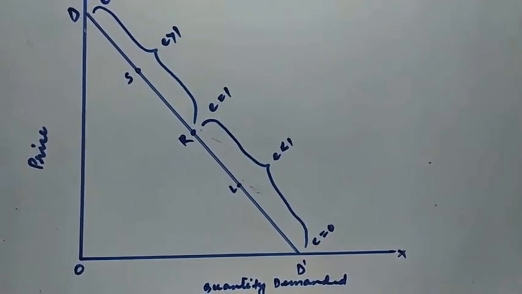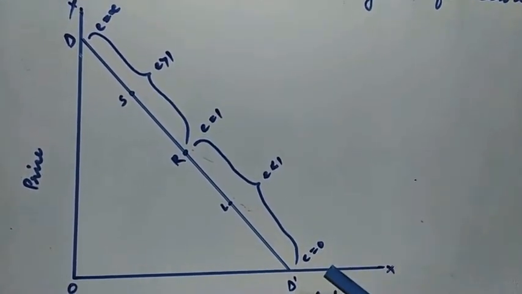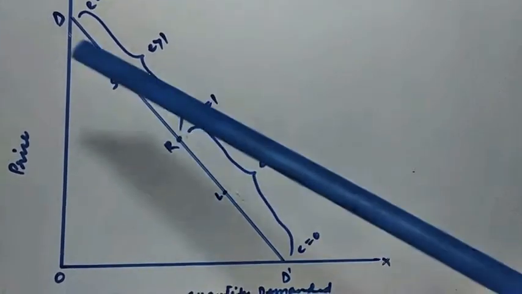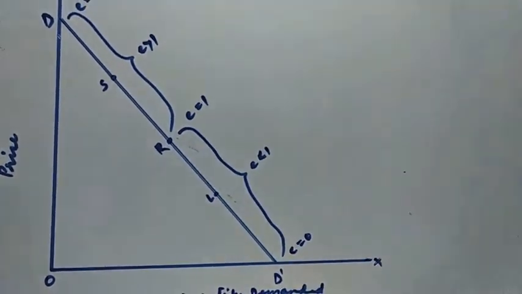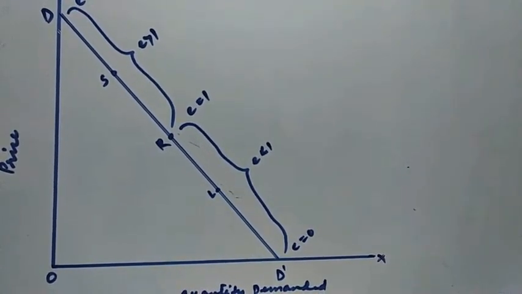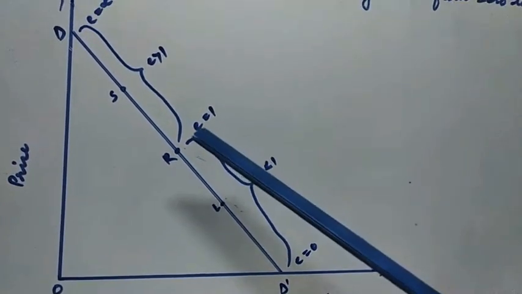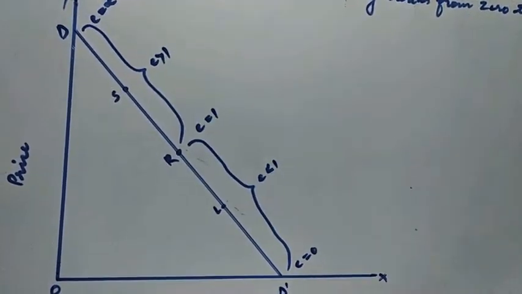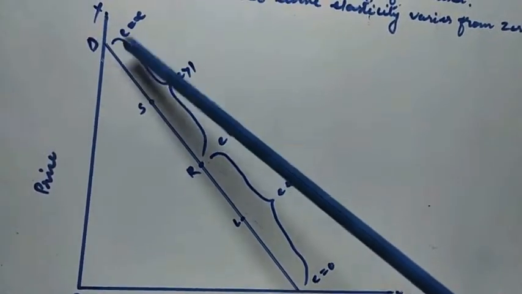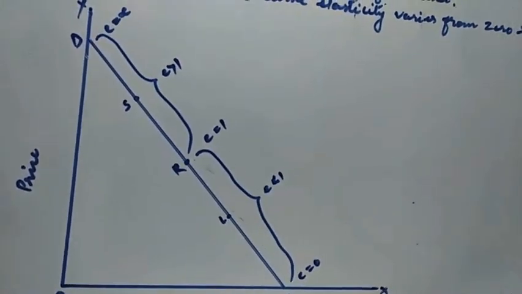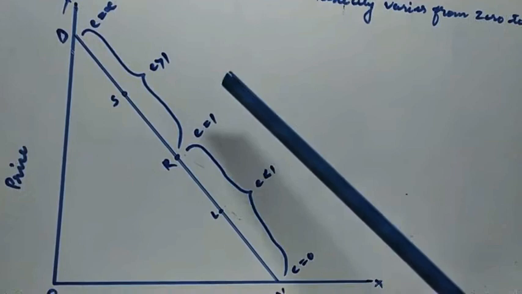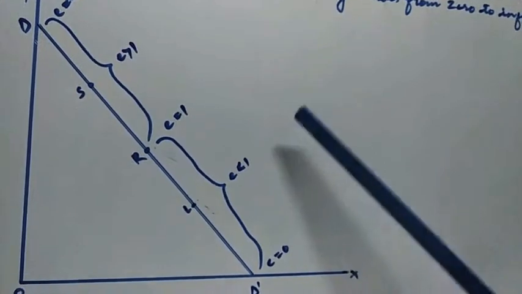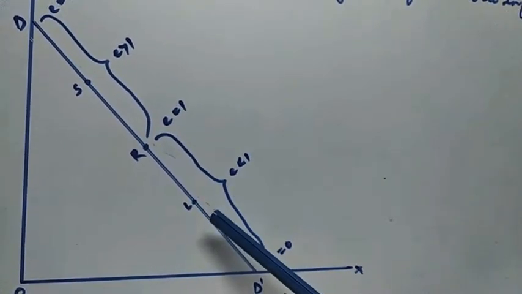And it will be seen from this diagram that as we move from S towards D, the price elasticity will go on increasing as we move further towards point D, and price elasticity will be equal to infinity at point D. This is because price elasticity is equal to the lower segment divided by the upper segment.